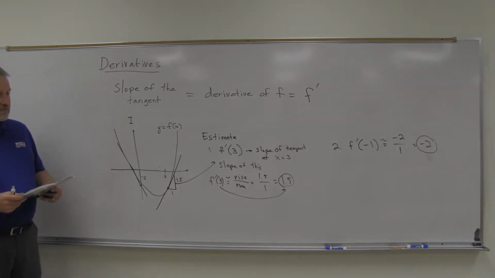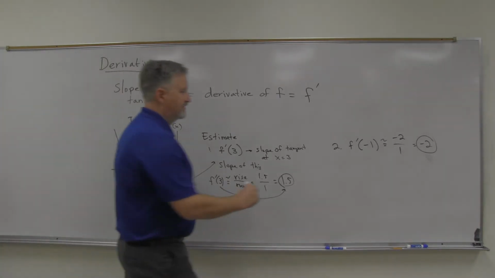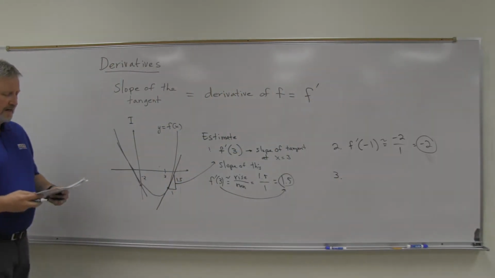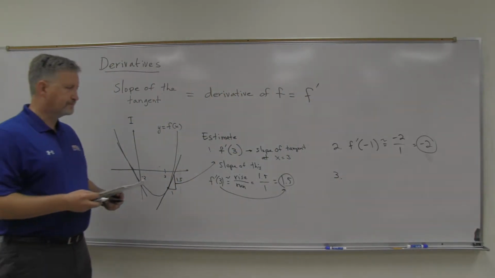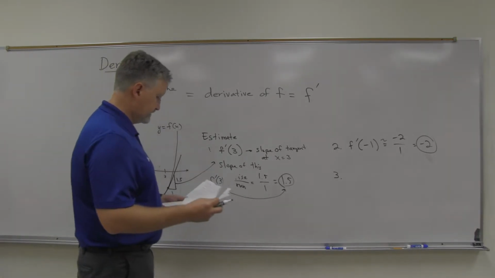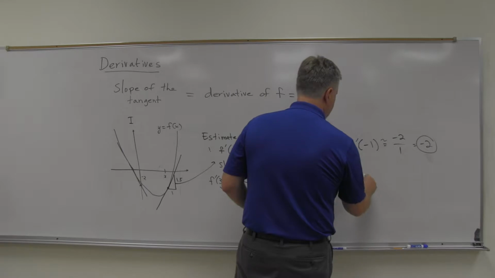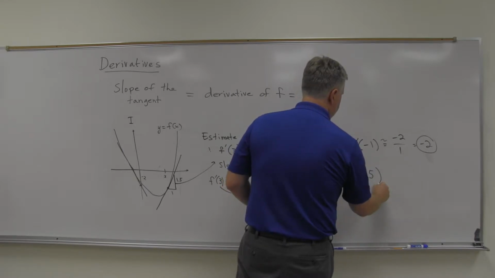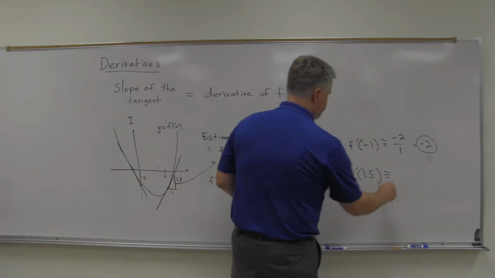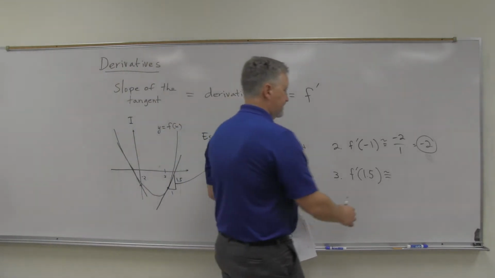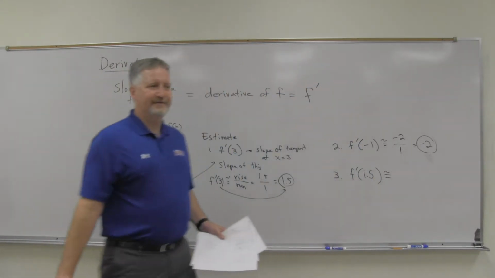All right, one more. This one's actually a little easier, but it is an important point. F prime at 1.5 is approximately equal to what? And I might can remove the approximate here. What did you get there?